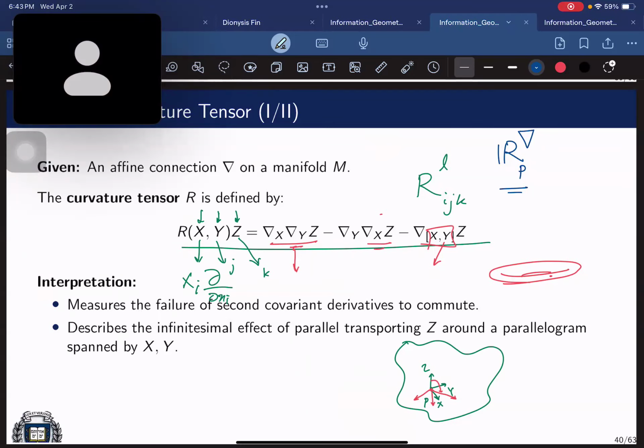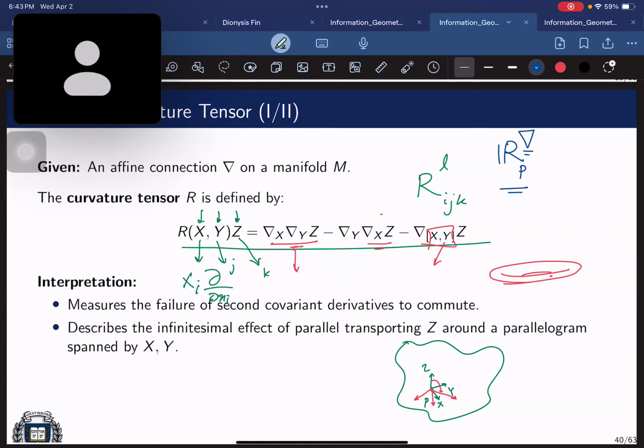But if you remember from the first session, we also defined curvature with respect to the second derivative of our inner product. So we hope that with a good affine connection, the two definitions would be the same.